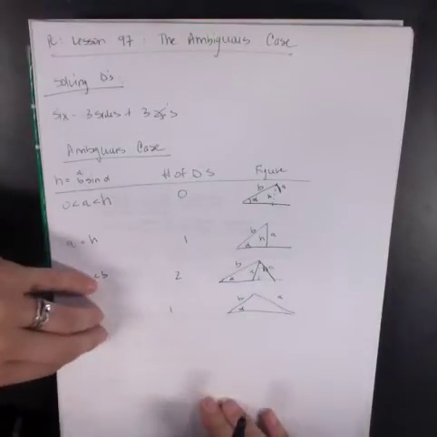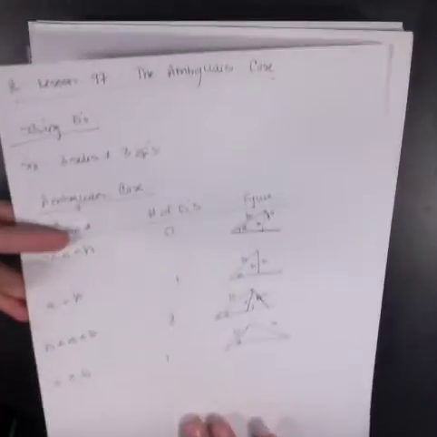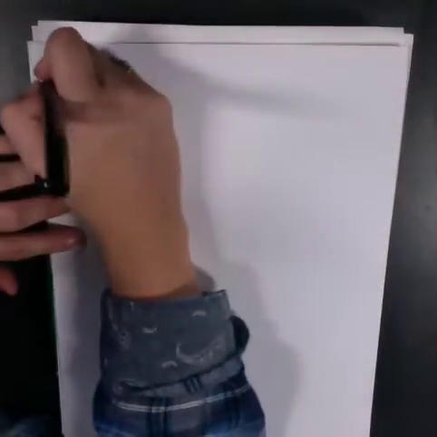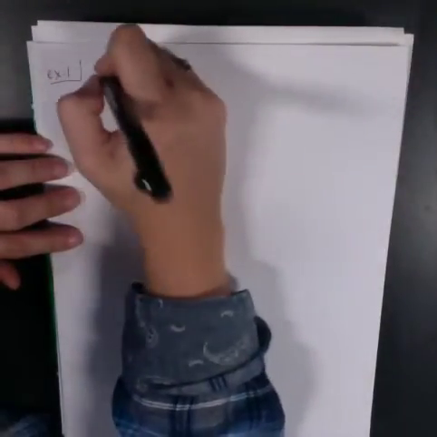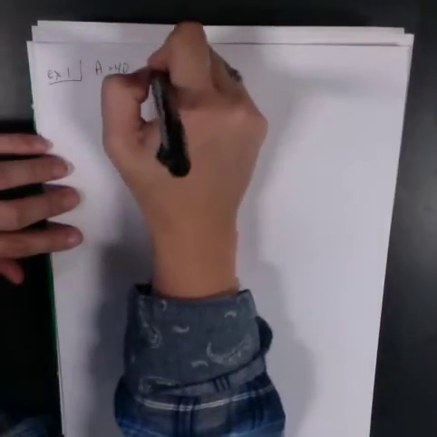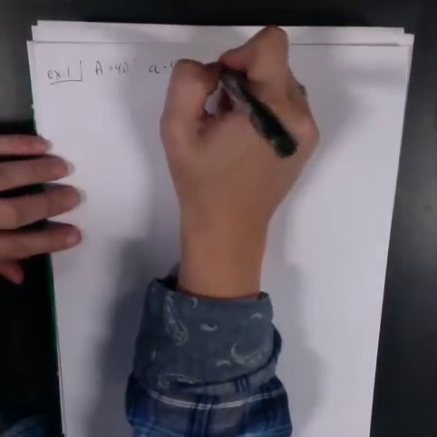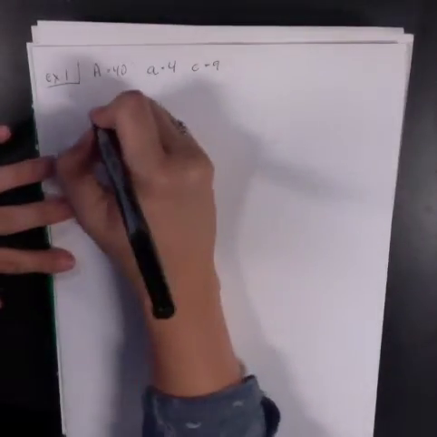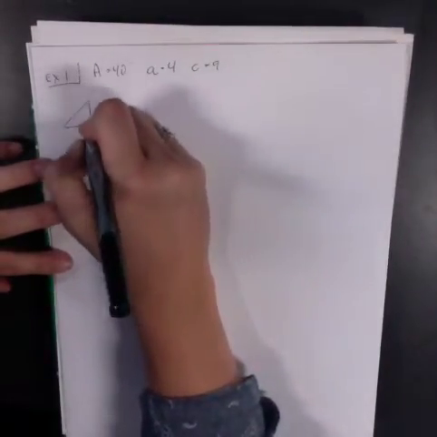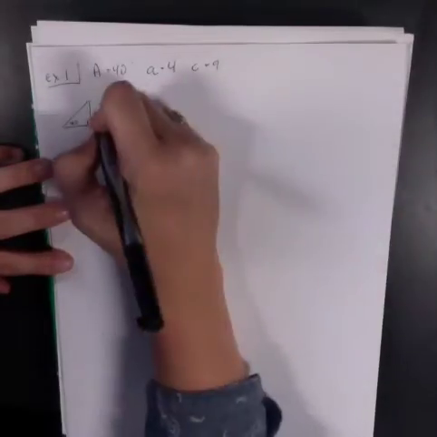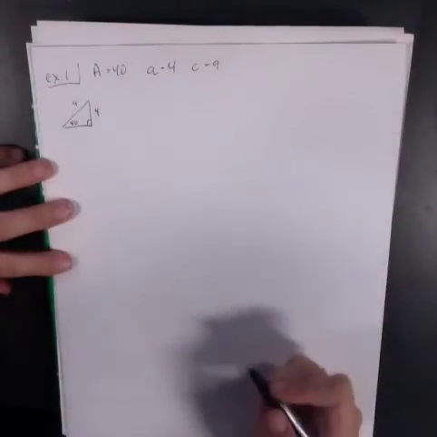So let's do an example to make this make a little more sense. If we are given A is 40 degrees, little a is 4, and c is 9, we want to draw the triangle and solve for the values of the other sides. First we have to determine if we have 1, 2, or no triangles. So here are the possibilities we could get. We could have a right triangle where this is 40 degrees, this is 4, this is 9.